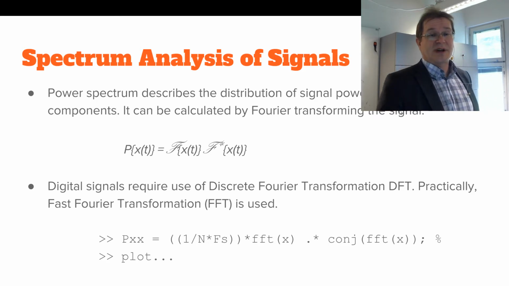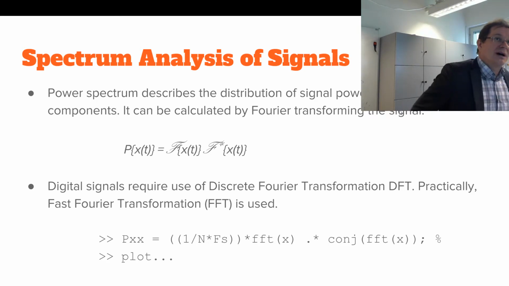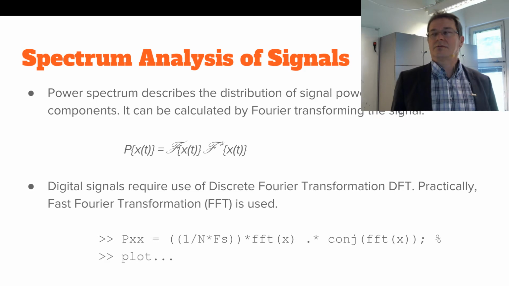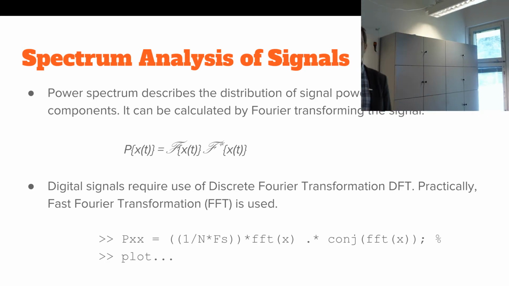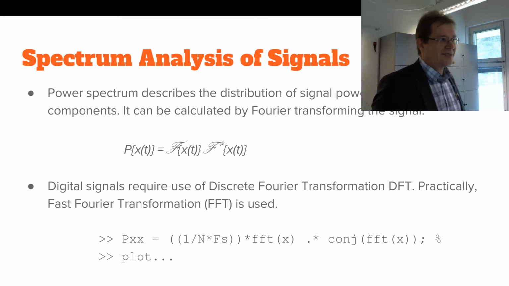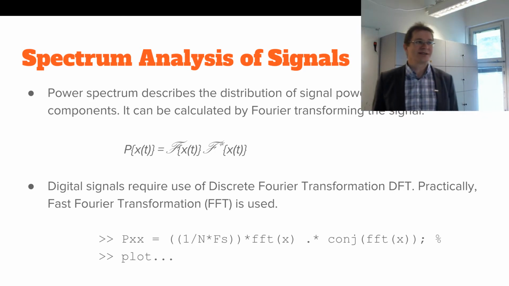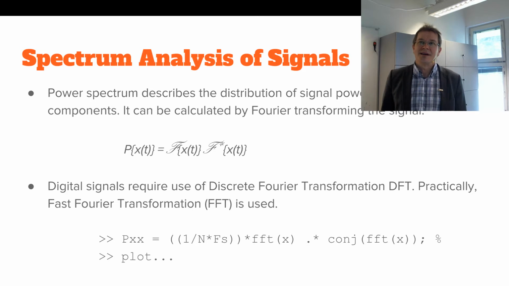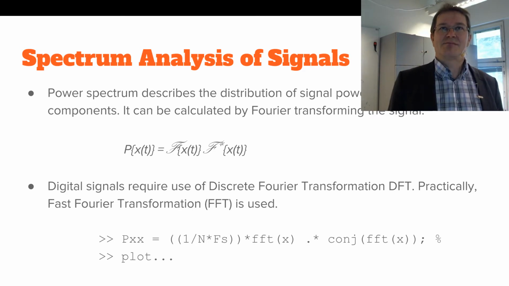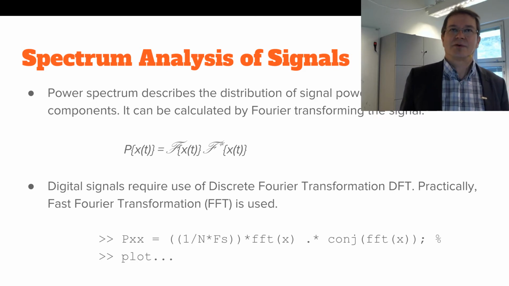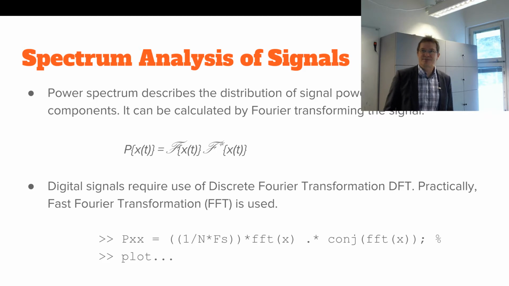So power spectrum. When you're talking about the signal, in order to design any filter, you need to know what spectral characteristics the signal actually has. And that you can get by a simple calculus called Fourier transformation.